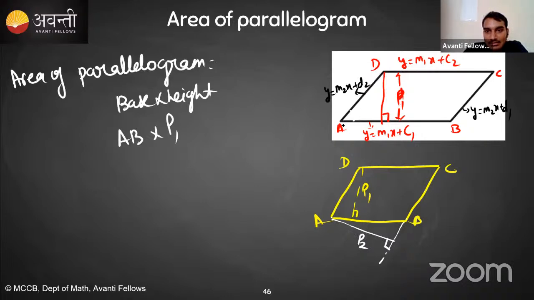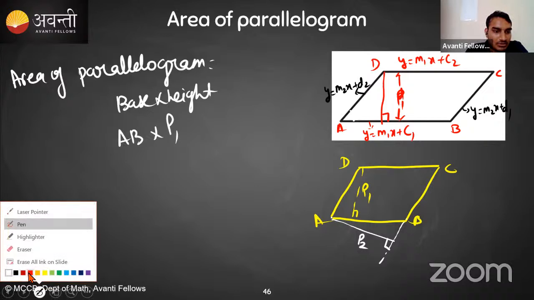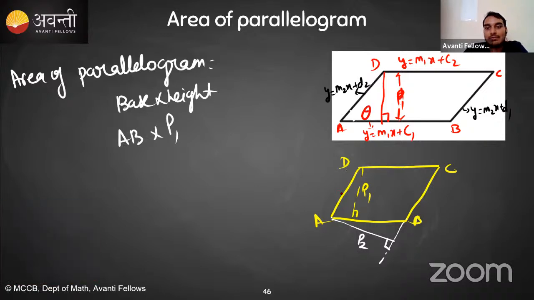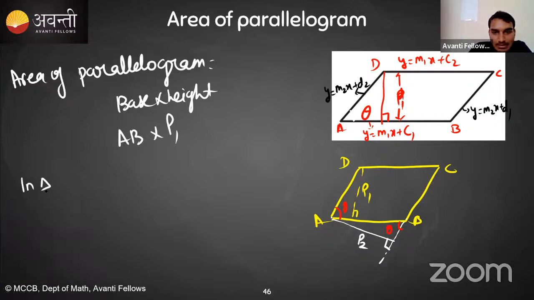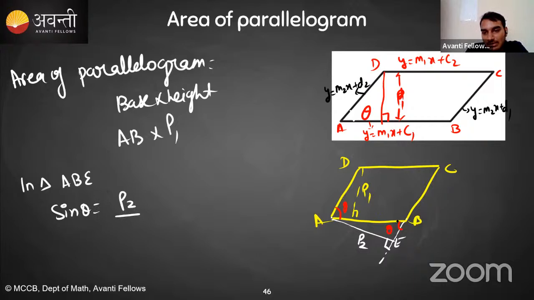Let's assume this angle is theta, the angle between these two lines, and this line and this line are parallel, so this angle is also theta. Let's say this point is E. In triangle ABE, what is sin theta? Perpendicular upon hypotenuse, so sin theta is p2 upon AB. So AB is nothing but p2 cosec theta.